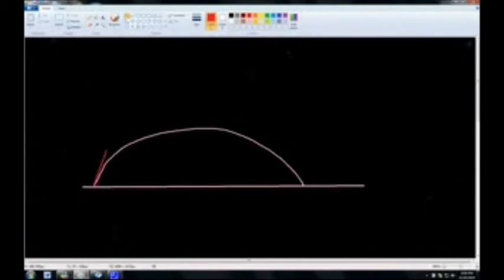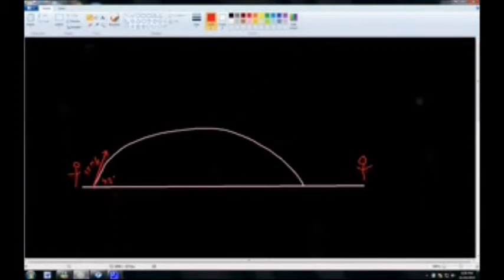So the initial velocity is 15 meters per second, and it's 42 degrees, and a guy throws it from here, and another guy tries to catch it. Okay, and the question continues.